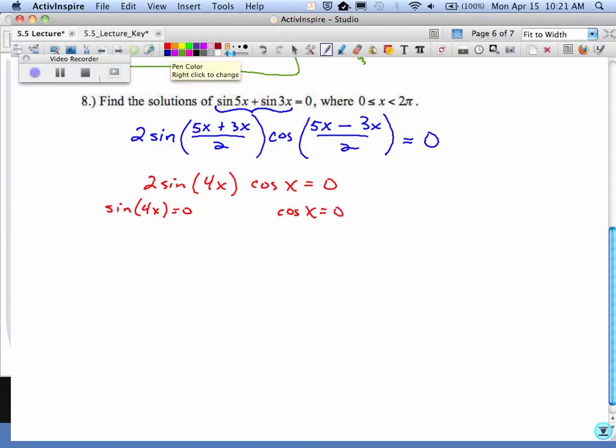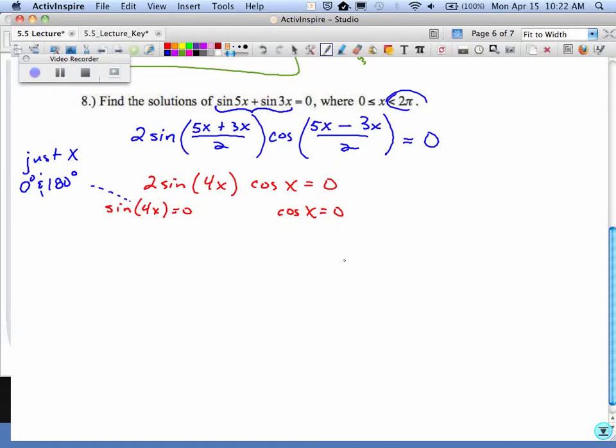Now, here, if it was a plain x, what is the sine of x equal to 0? What angle? When is sine 0? 0 degrees and 180 degrees. Do not use 360, right? We're not using 360. It says stay less than 2 pi.